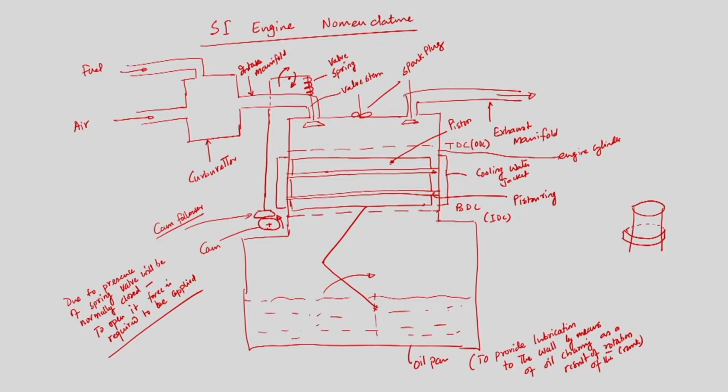Now if you would like to have nomenclature of a CI engine, the only thing is that there should not be spark plug, rather we have a fuel injector through which fuel will be introduced. Instead of spark plug we will have a fuel injector, and there won't be carburetor, rather air will come through intake manifold. So this will be the difference between SI and CI engine nomenclature.